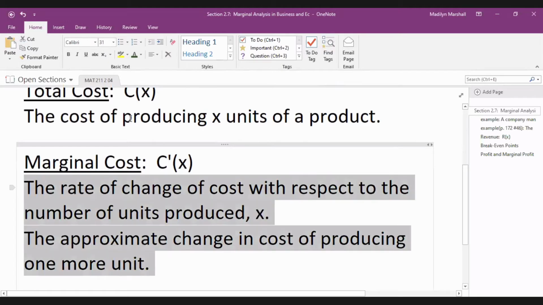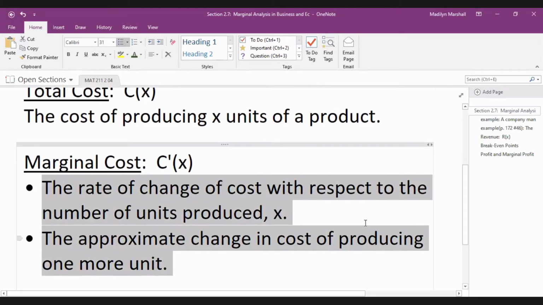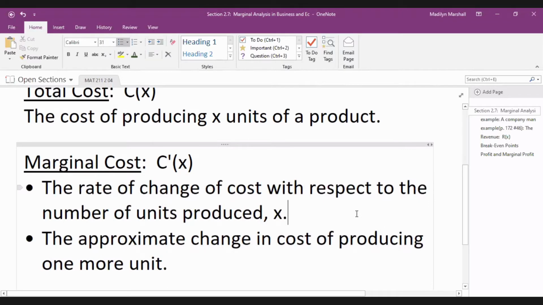So we're going to see how these two are related in a little bit in an example. So if we are producing 300 water bottles, we have a certain amount of cost. So marginal cost would tell us how much our cost is going to increase if we produce one more water bottle. And so it's not necessarily always going to be the same. It'll depend on our cost function.